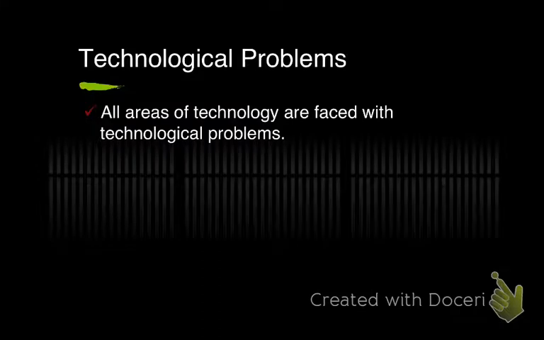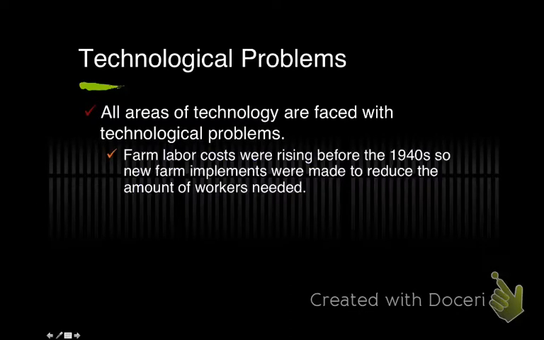Now here's a couple scenarios of how we've been faced with some problems. Again, there's two types. There's problems and opportunities. Problems are things that we're faced with and we have to come up with a solution. Here's some examples. Back in the 40s, farm costs were rising, so they had to come up with some new implements to make it more feasible for less workers to work.